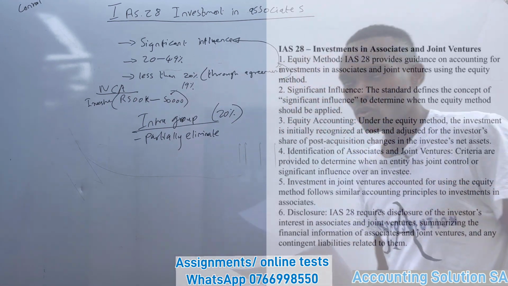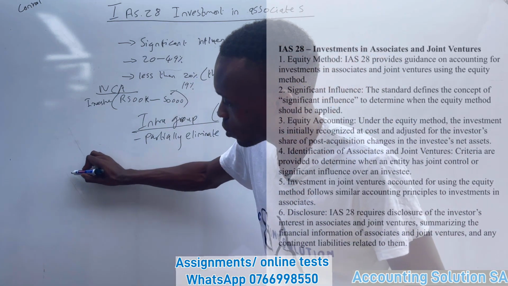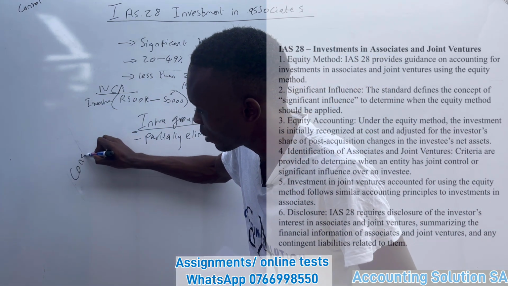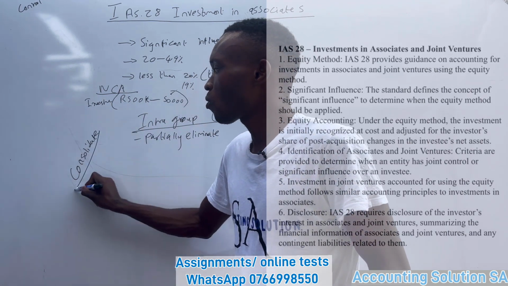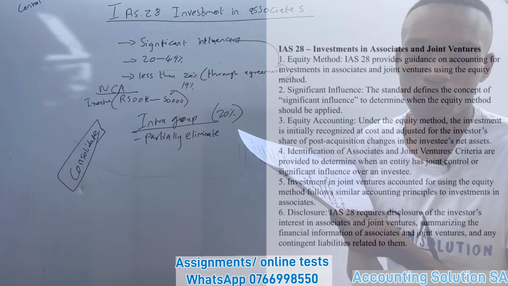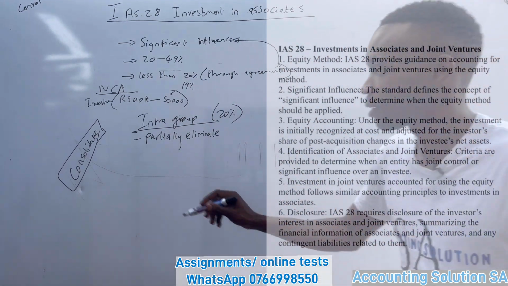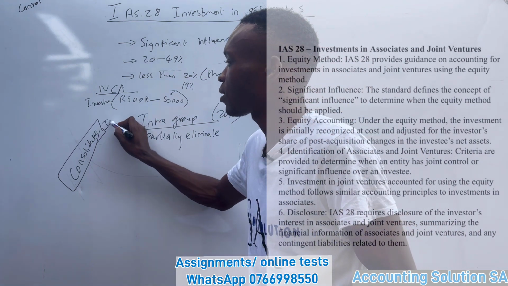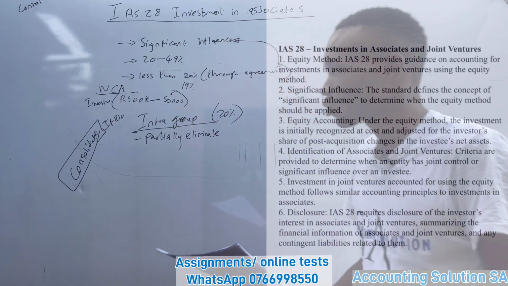Under associate we don't consolidate. In other words, we don't combine the group's financial statements. We are not allowed to combine financial statements. Only under IFRS 10 can we do those combinations.